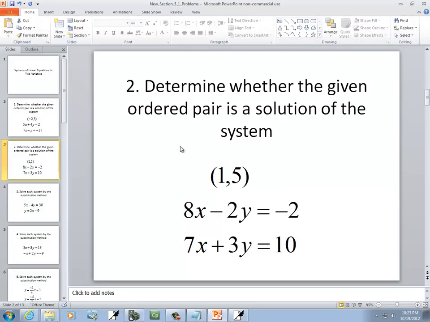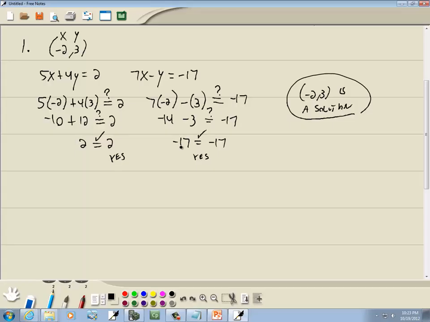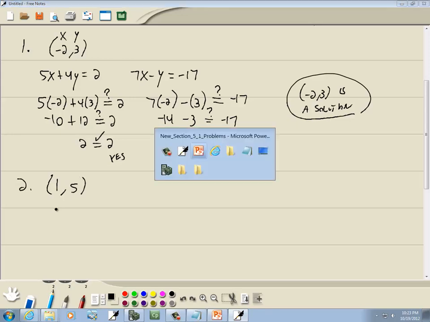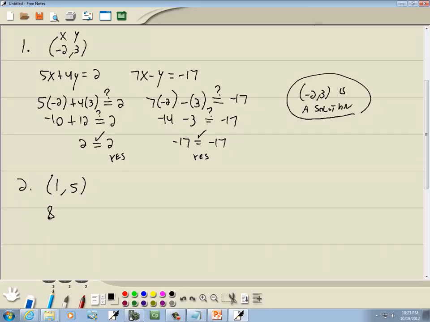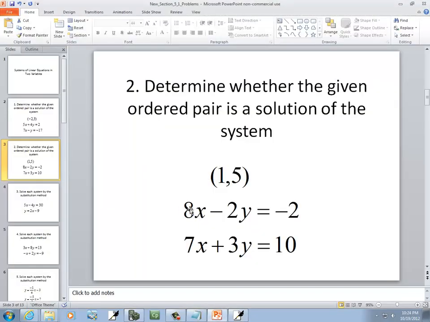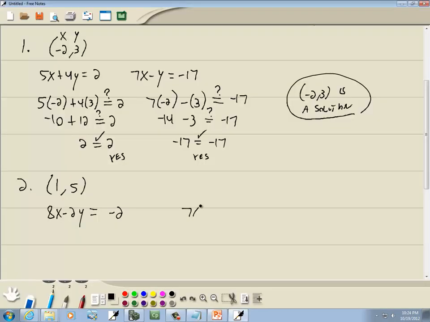Let's look at the next one. We got 1, 5. And we're wondering about 8x minus 2y is equal to -2. And we're also wondering about 7x plus 3y is equal to 10.